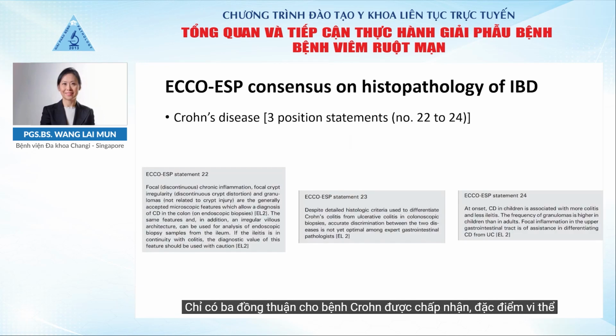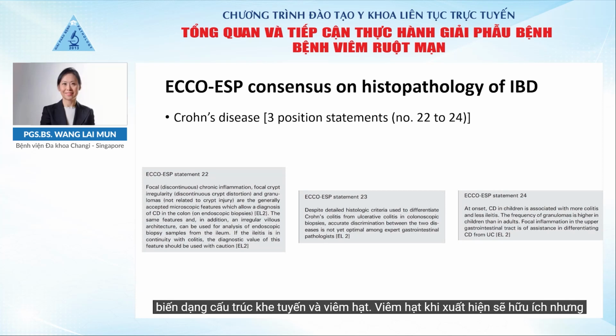There are only 3 position statements for Crohn's disease. Accepted microscopic features are focal, discontinuous patchy chronic inflammation, focal patchy crypt architectural distortion, and granulomas.